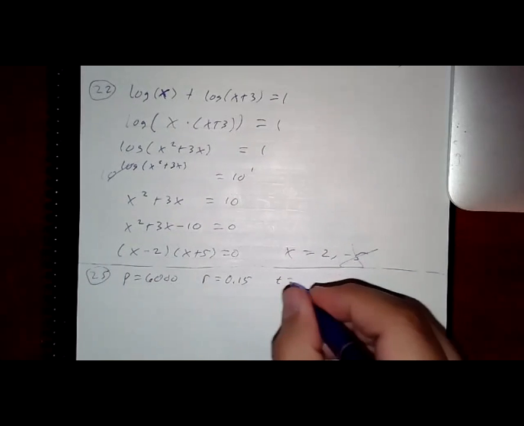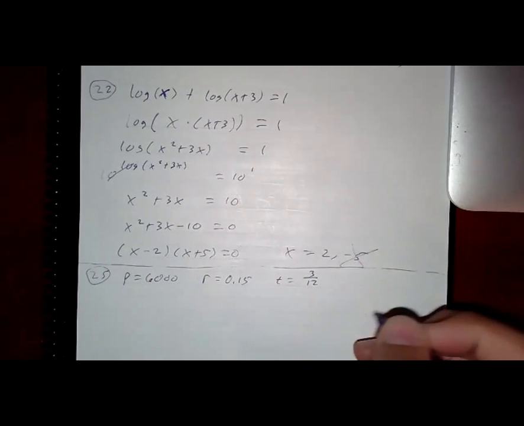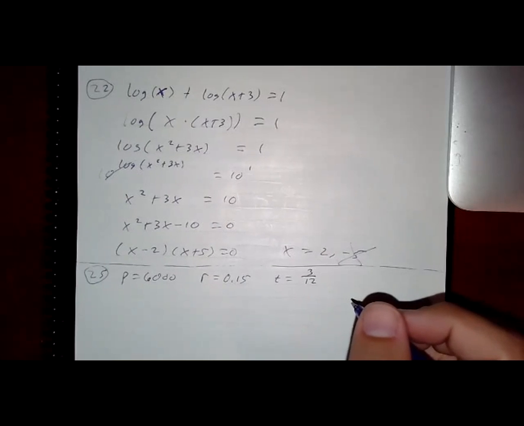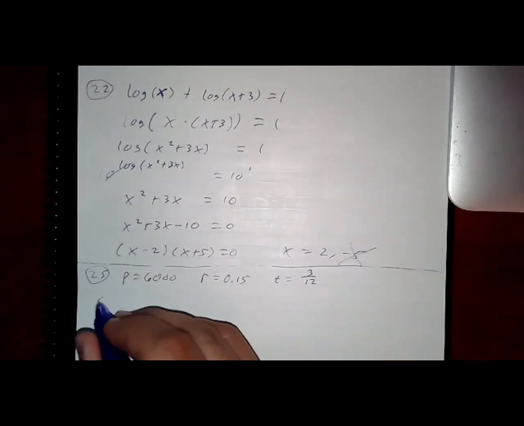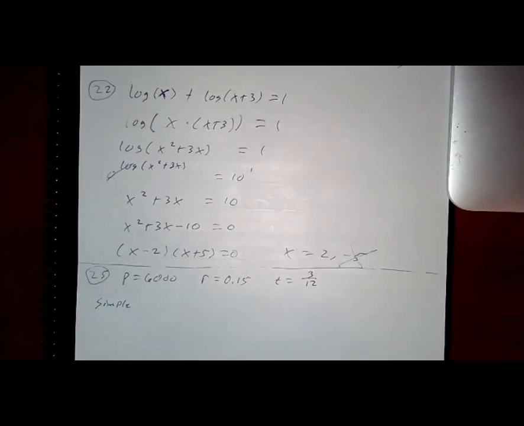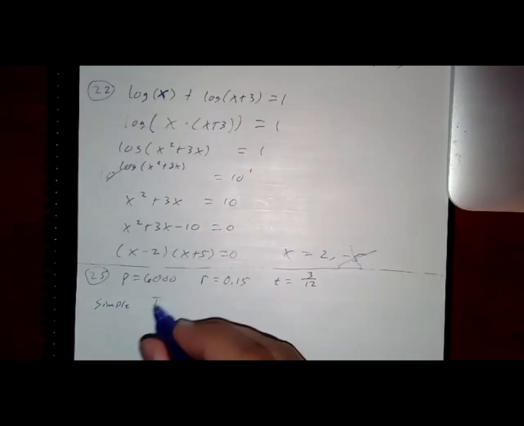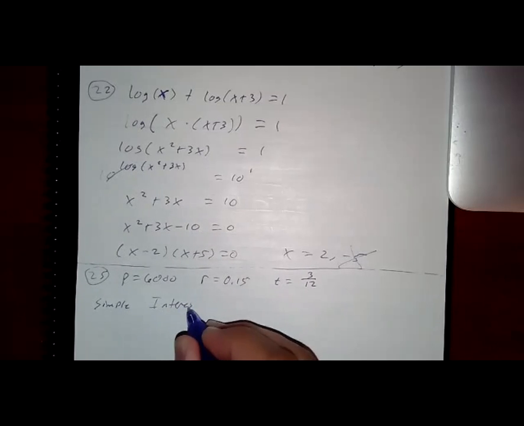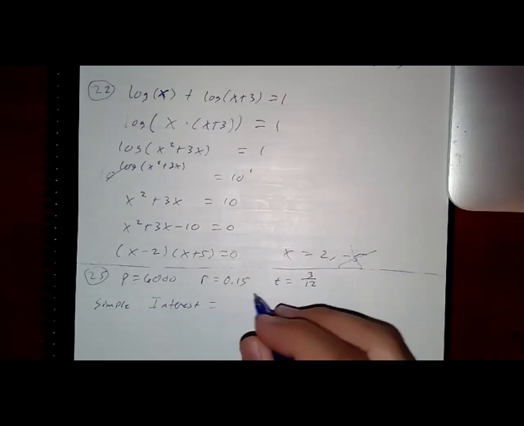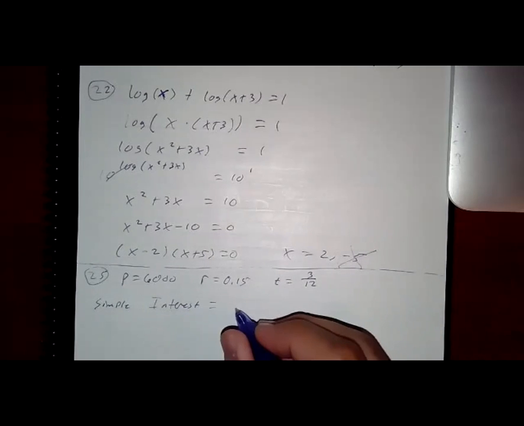Time, there's 3 months, so that'd be 3 out of 12 years, right? Simple interest formula, what will be the value of the account.